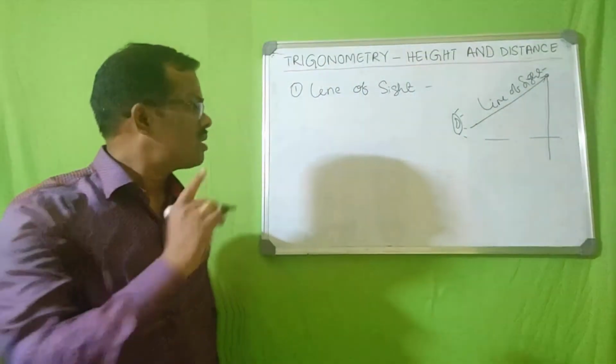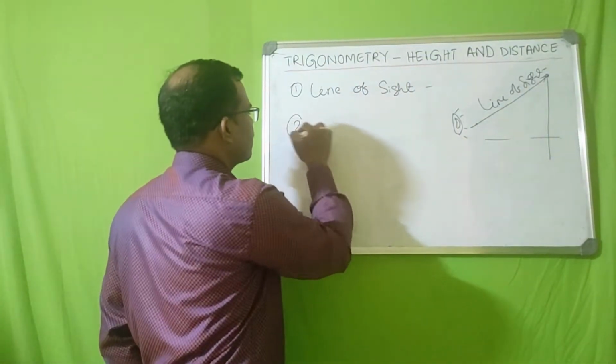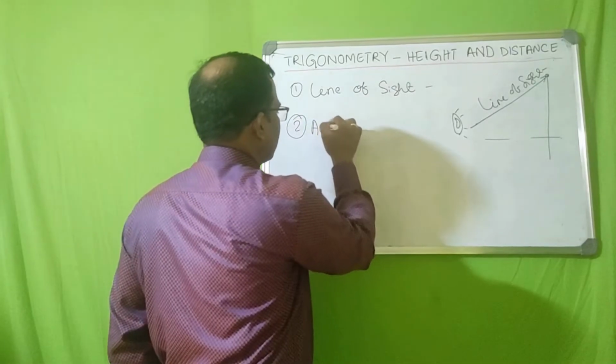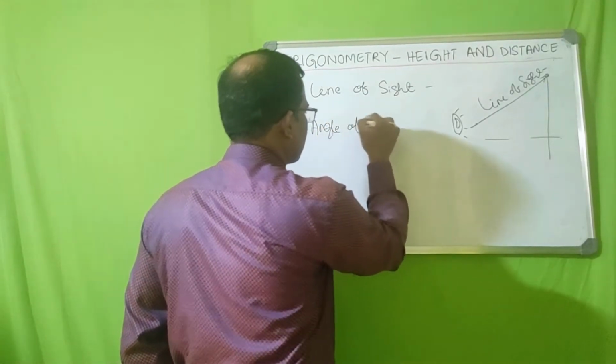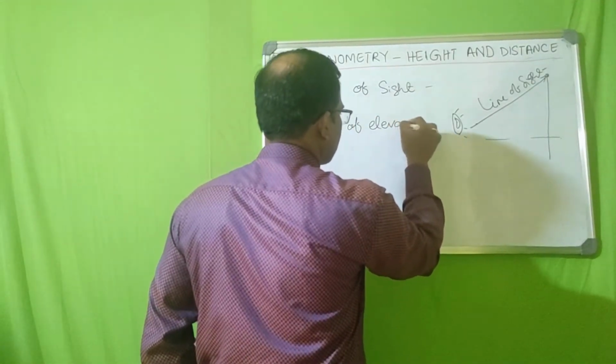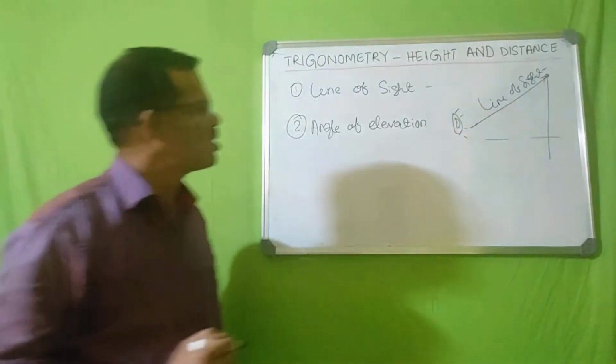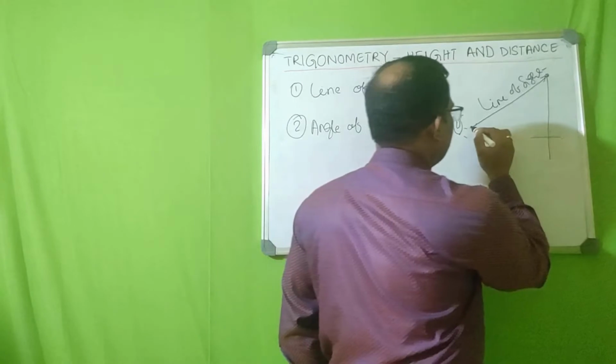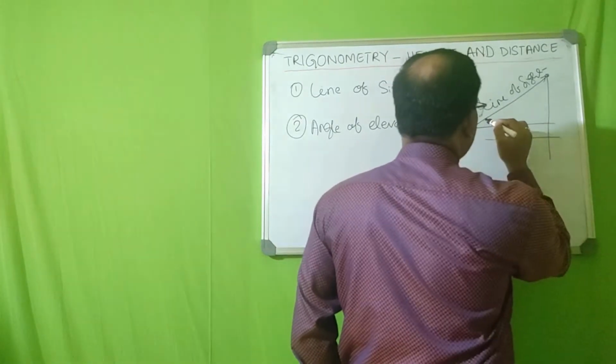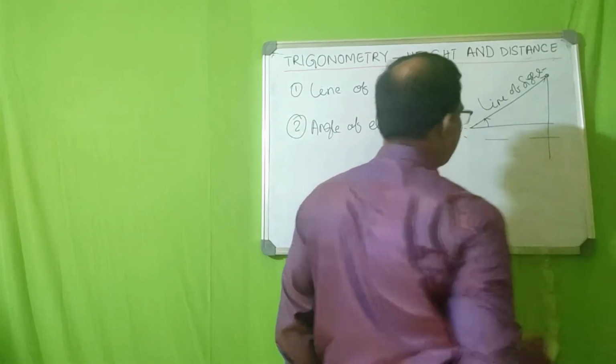Okay? The second thing is the angle of elevation. The angle of elevation is the angle between the horizontal line and the line of sight.